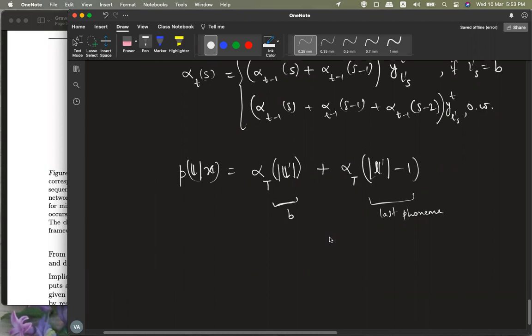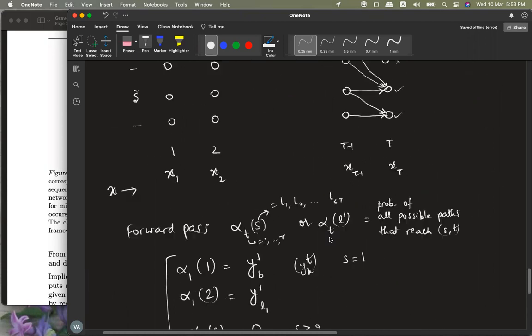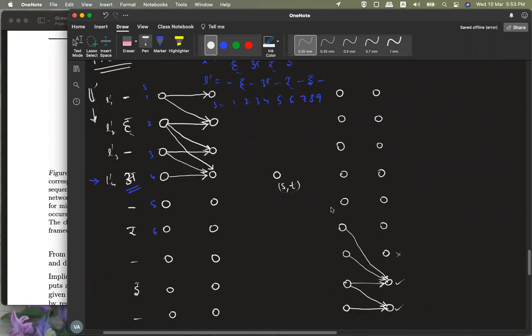Can somebody suggest some other way that in this trellis, I want to differentiate the probabilities of all the paths with respect to this particular node? There are so many paths going from all directions. Of course, if the path is going this way, then this node is never appearing in that path. This means the derivative of that probability will be 0, because this term is not there, because this node is never seen by that path, right?